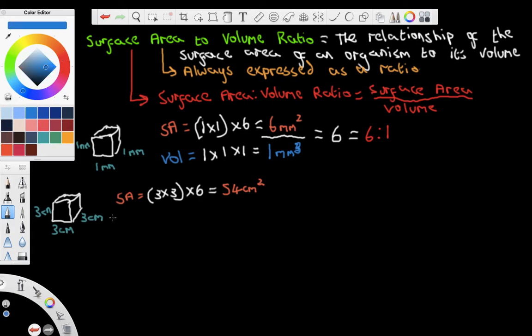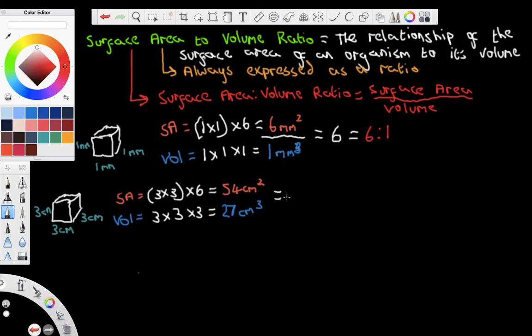Our volume, on the other hand, is equal to 3 times 3 times 3, which gives us our volume of 27 centimetres cubed.